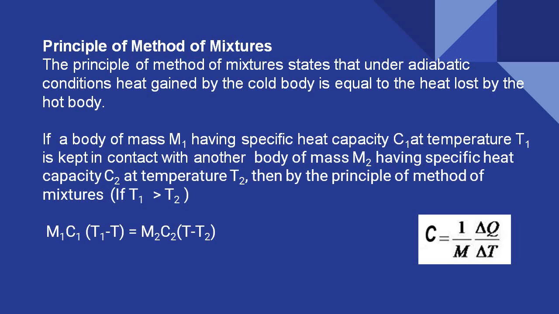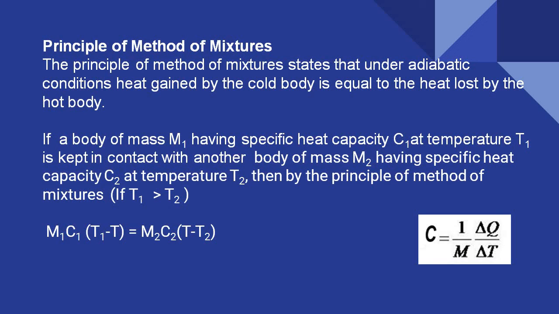So when you are mixing a hot body and a cold body, you are considering that heat transfer is taking place under adiabatic conditions. So if one is at a higher temperature and the other at a lower one, heat will flow from the body at a higher temperature to the body at a lower temperature, and that flow will continue until both of them are at the same temperature.